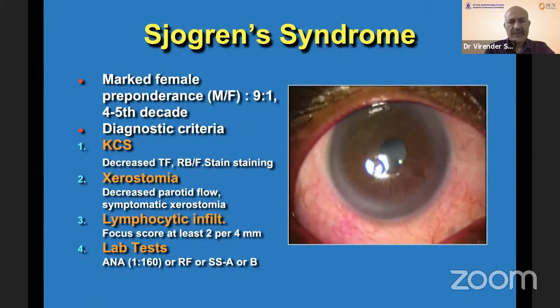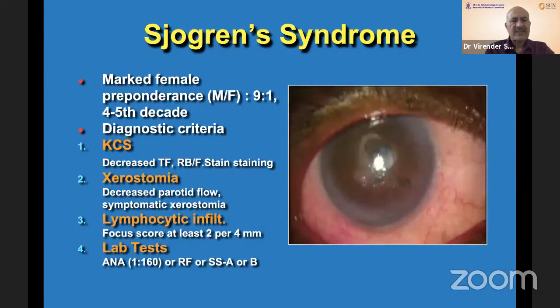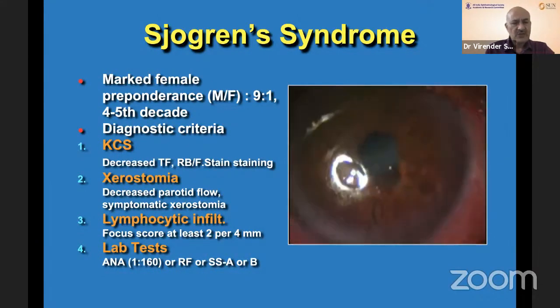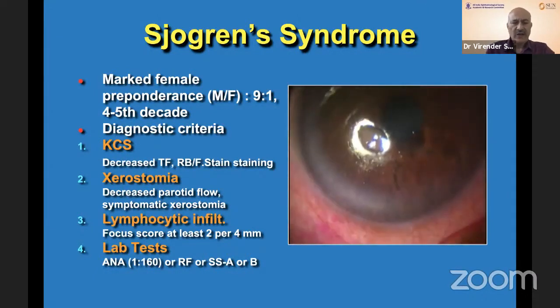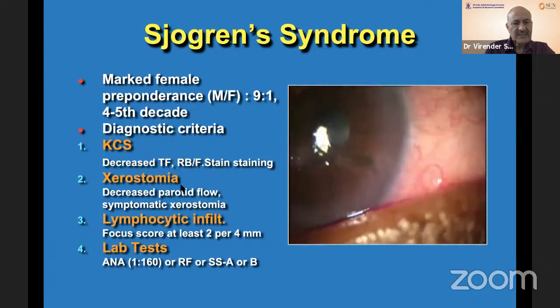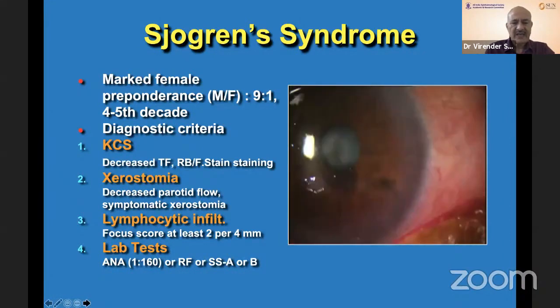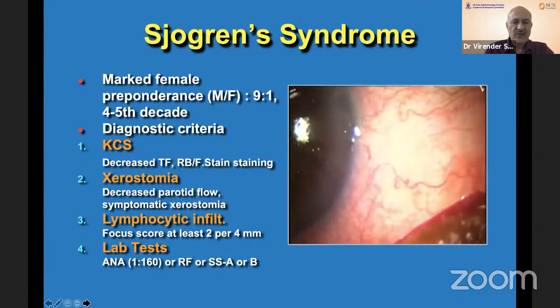We'll discuss more in detail, but briefly, for an ophthalmologist it's important to know that it's keratoconjunctivitis sicca, xerostomia, and on tissue, if there is a diagnostic biopsy, a lymphocytic infiltration can be demonstrated. And then there is a lab criteria in the form of autoantibodies like ANA, rheumatoid factor, SSA, or SSB.